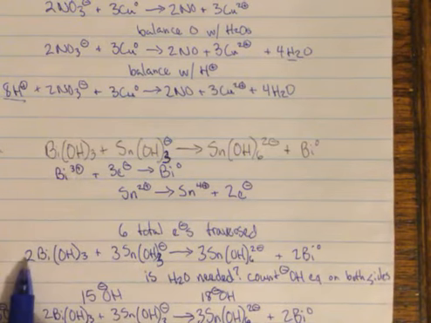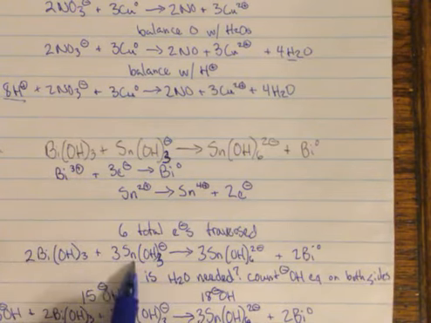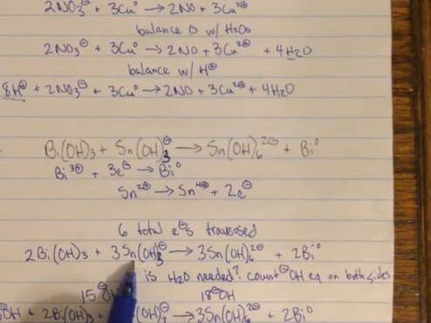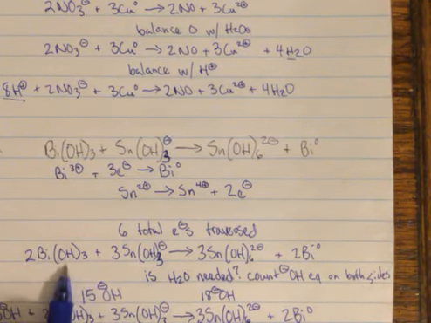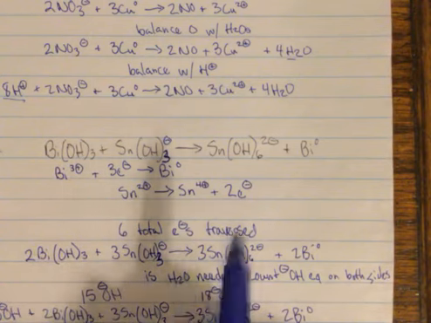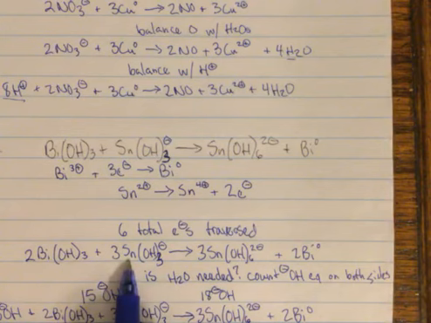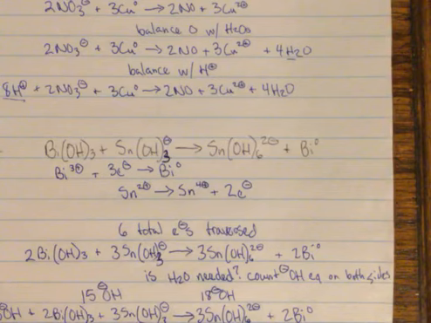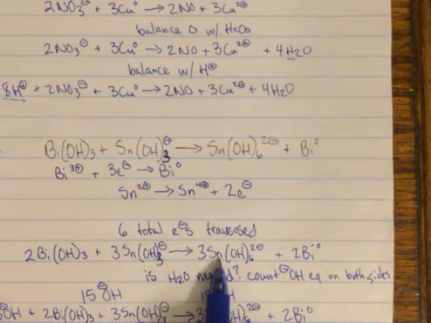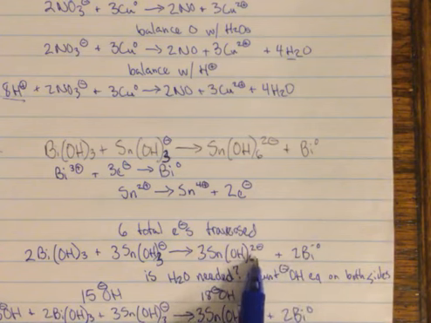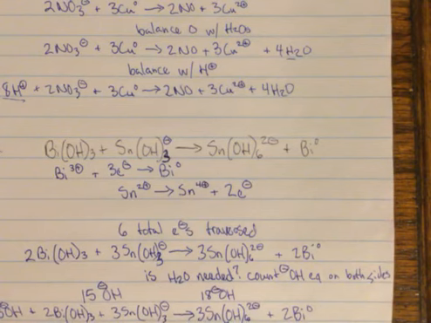So 2 equivalents of bismuth to 3 equivalents of tin. So 2 equivalents of bismuth hydroxide, then 3 equivalents of this tin hydroxide anion, and then 3 equivalents of tin again on the right with this species, and then 2 equivalents of bismuth in the ground state.